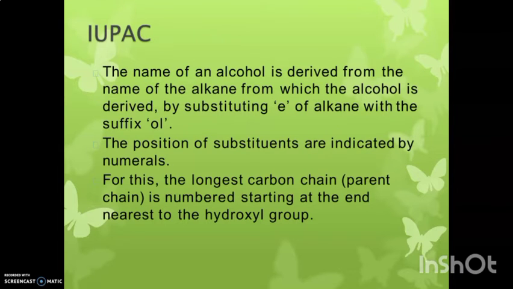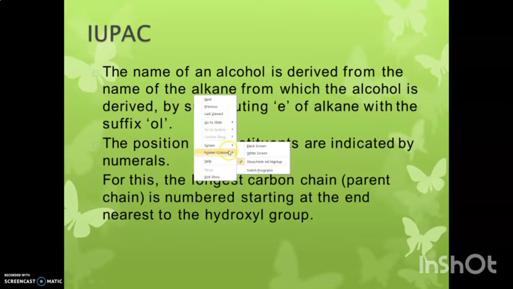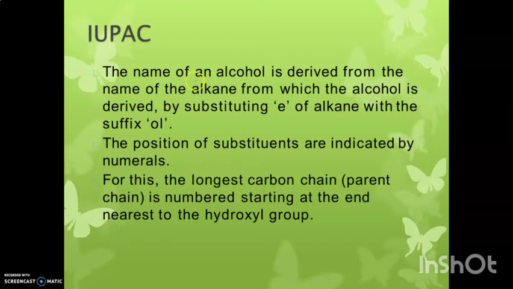For writing the IUPAC name of alcohol, there are several steps. It is derived from the alkane from which the alcohol is derived. The name will come, for example, as the E of the alkane is replaced by the suffix ol. Here you can see an example.